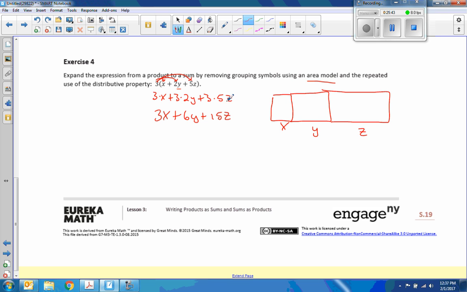And actually this isn't just y, this is 2y, and this is 5z. So that's the length 5z, that's the length 2y, that's the length x. My height is the number outside, which is 3. Area is length times width, so 3 times x is 3x, 3 times 2y is 6y, and 3 times 5z is 15z.